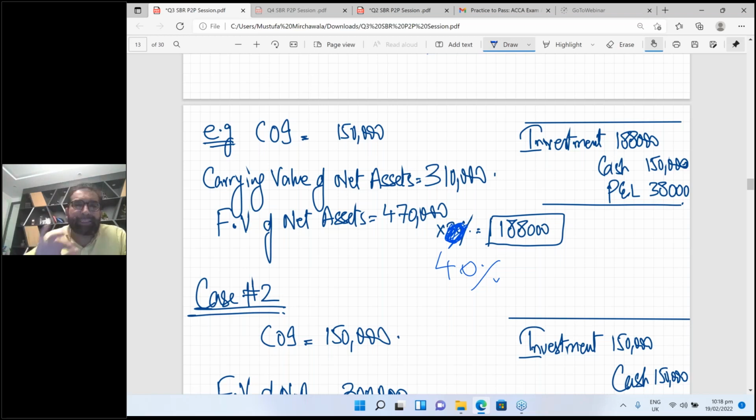Now the second case: your COI is 100,000, but the fair value of net assets is 120,000. So there will be a gain on bargain purchase. Some people call it negative goodwill, but the real word is gain on bargain purchase.